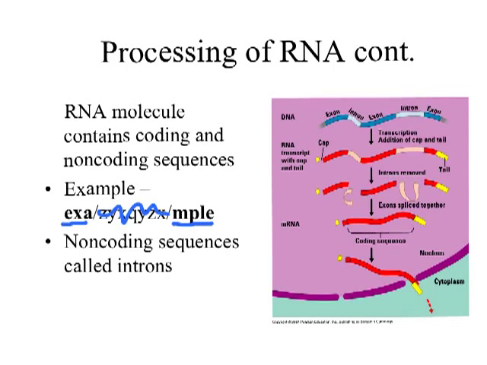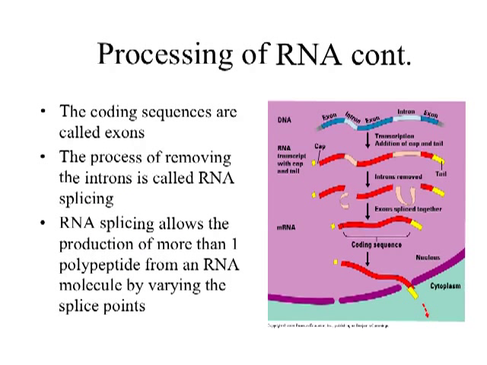Now, the non-coding sequences, the ones that are junk, are called introns. The coding sequences, the ones that we want to keep for particular proteins, are called exons. So we need to remove the introns from the RNA molecule and put together all the exons of the RNA molecule.